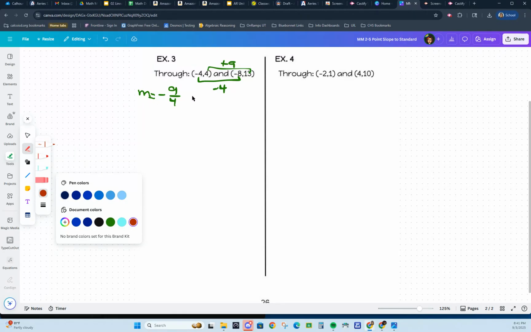All right. I'm going to use the negative 4, 4 as my x1 and y1.